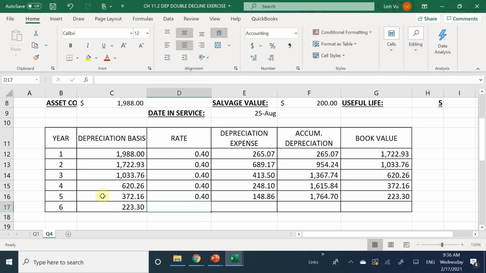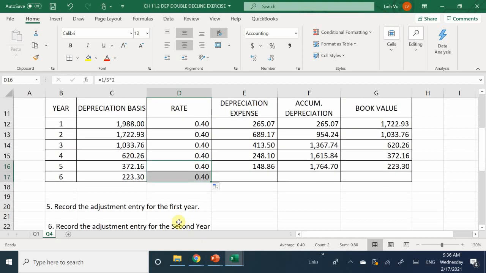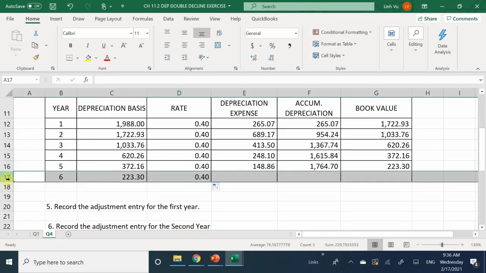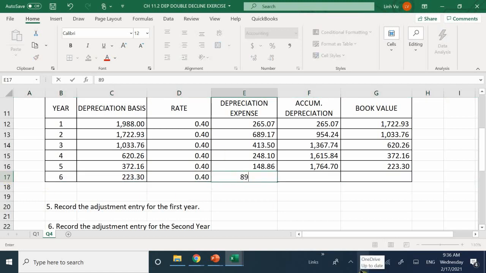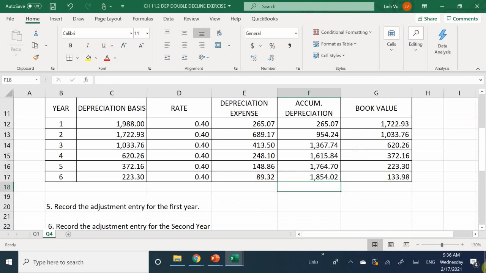So in this case, what is going to be 40% of this 223? 89.32. Bringing my accumulated depreciation to be 1854.02.